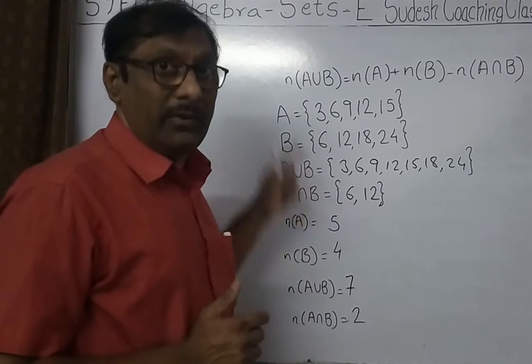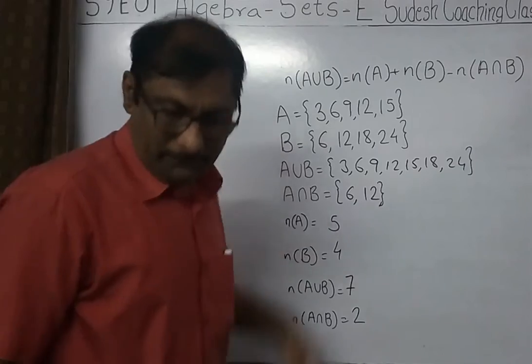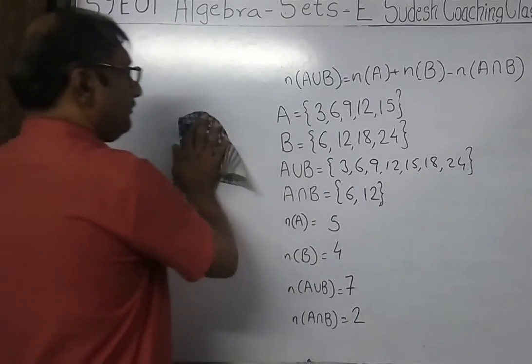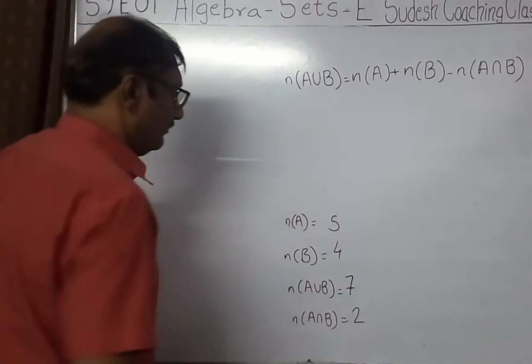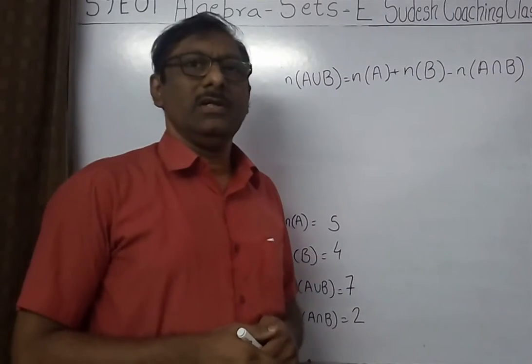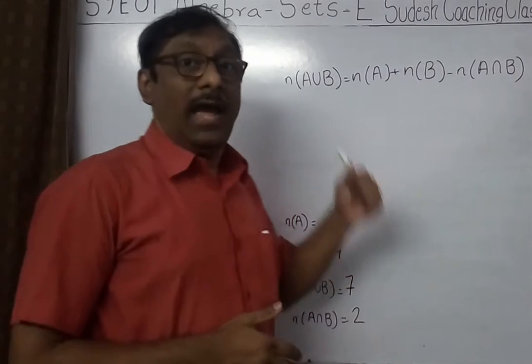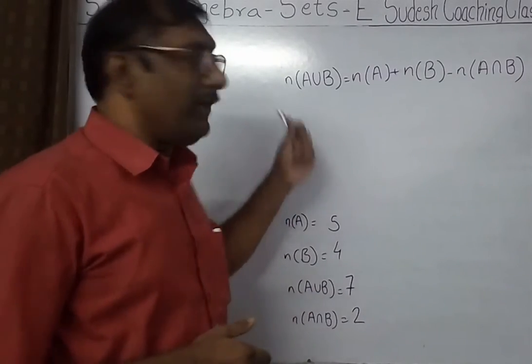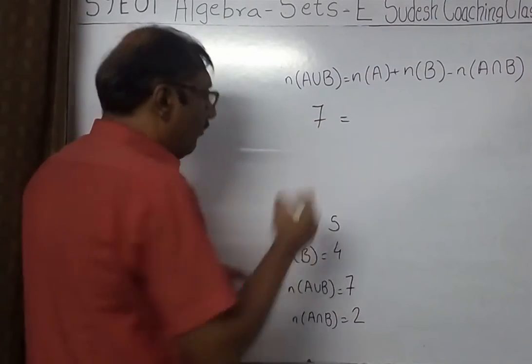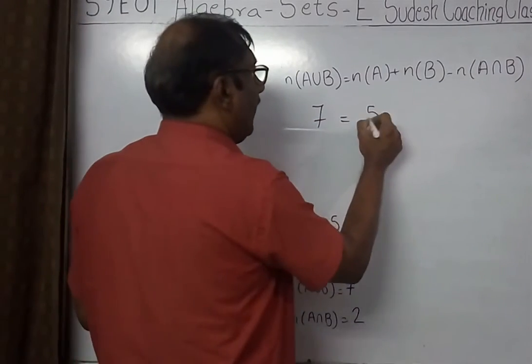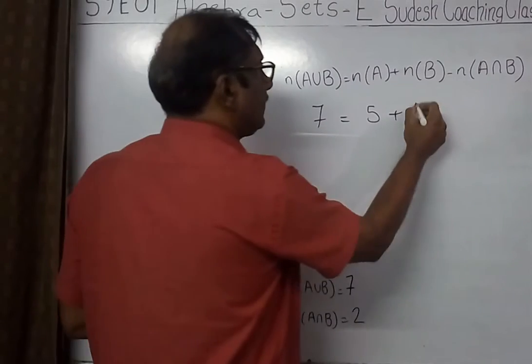Let's start. I'm going to just erase this part. So students, let's start and verify this particular formula, right? Now, how much is n of A union B? It is just 7. What is n of A? It is 5. What is n of B? It is 4.